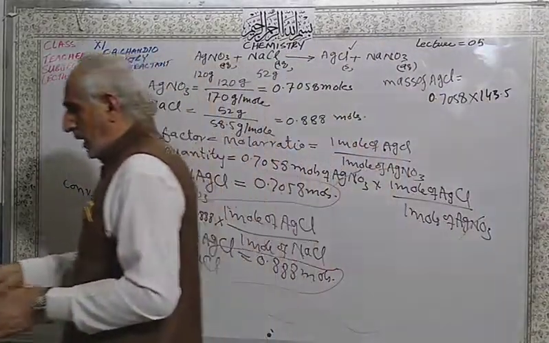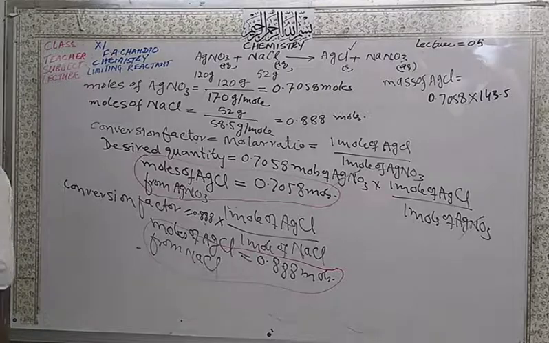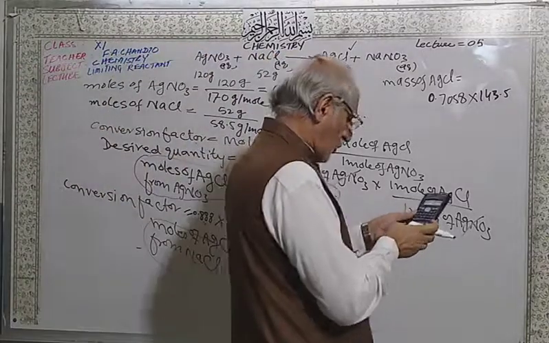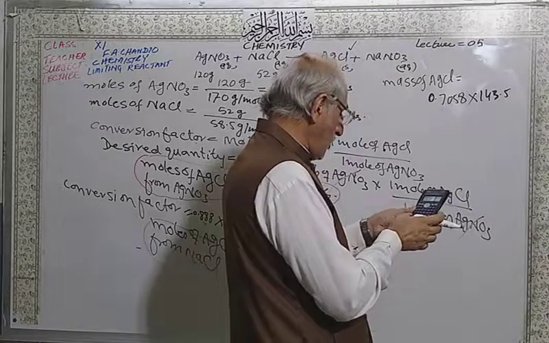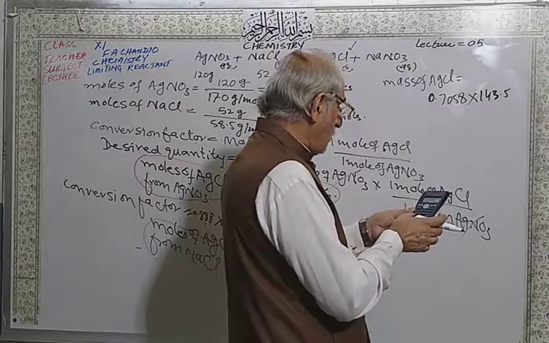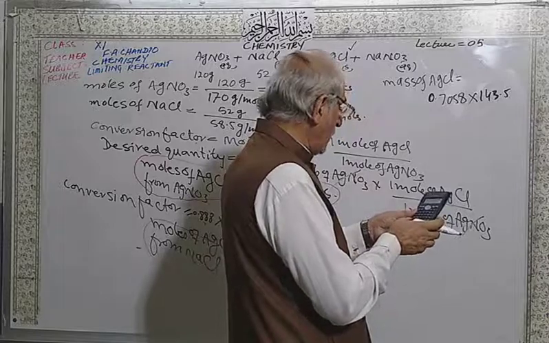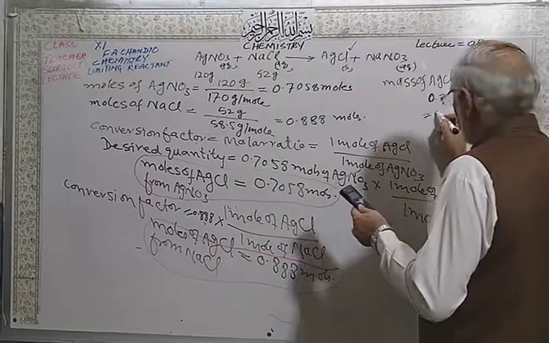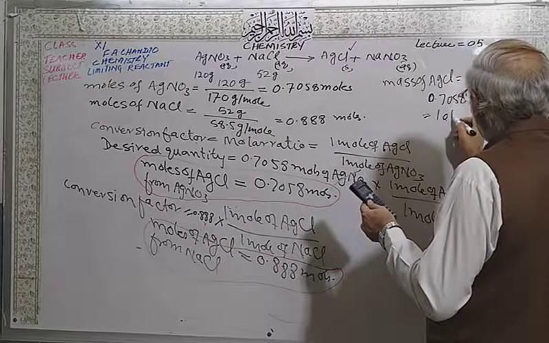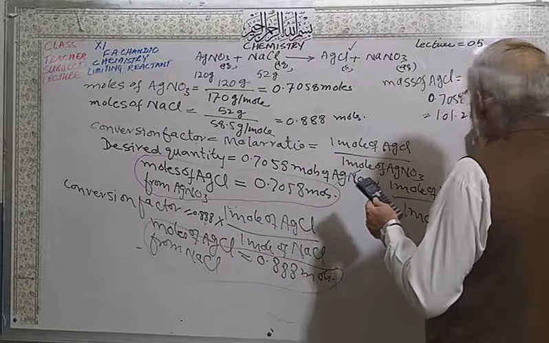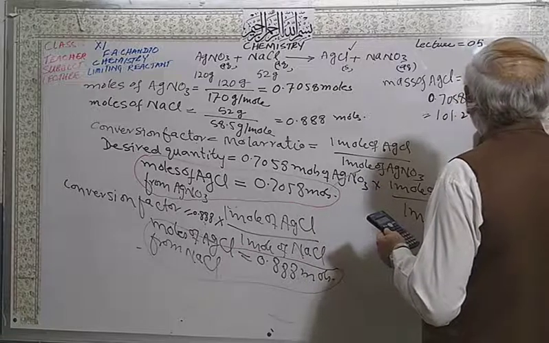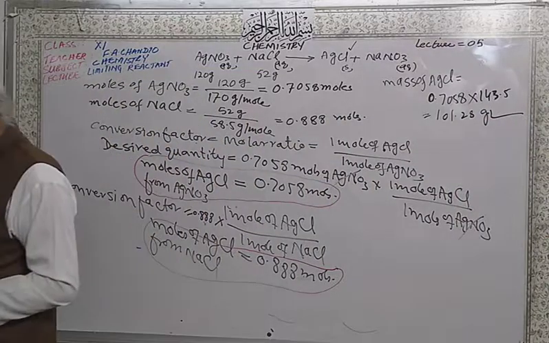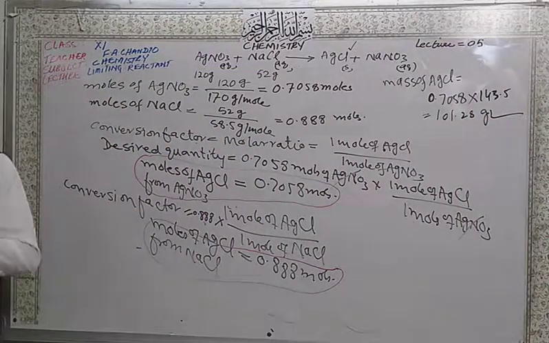Just multiply 0.7058 by 143.5, and the answer comes 101.28 grams of silver chloride. So this is the answer.